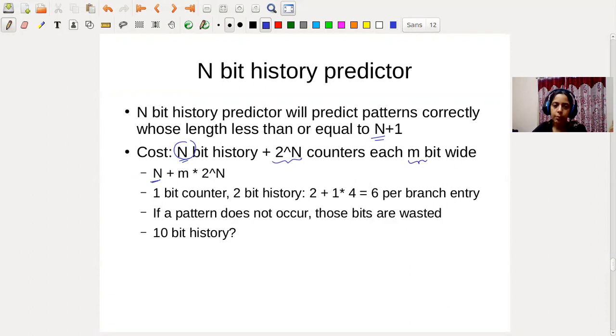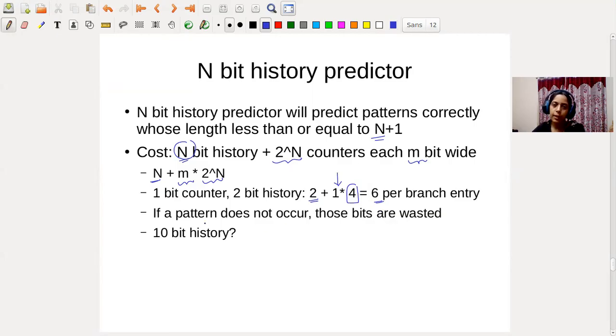So we have the history bits plus 2 power n multiplied by m bits. For example, if you have a 1-bit counter with a 2-bit history, you have 2 bits for the history, and it's going to index into 4 counters, each of them 1 bit wide, and therefore you have 6 bits per branch entry.